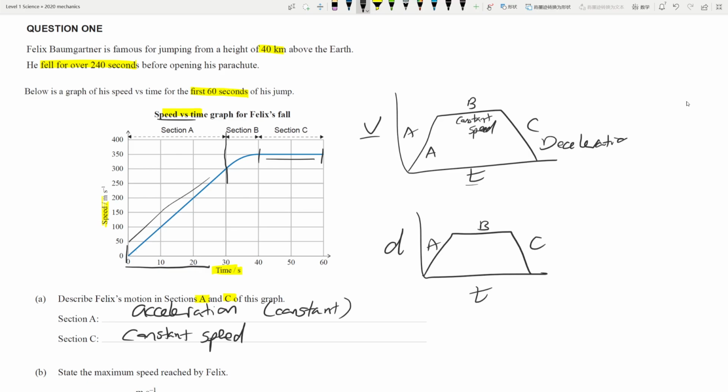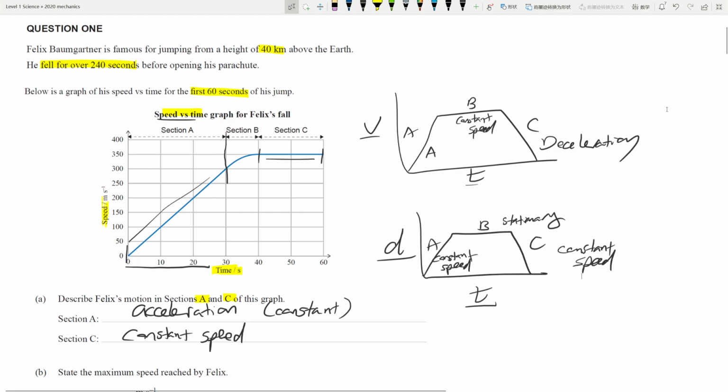And for a distance time graph, A is constant speed, B is stationary, and C is constant speed but going in the opposite direction. As you can see, the shapes of the graphs are completely the same, but you need to look at the axes labels.